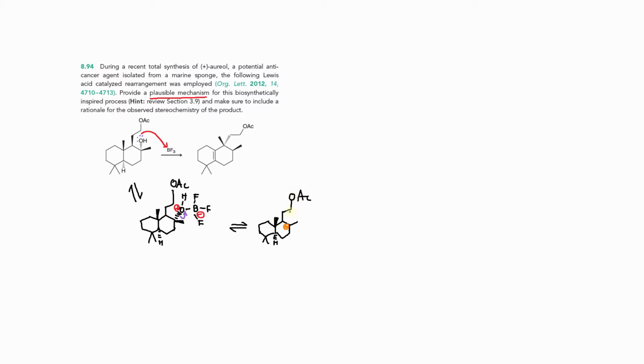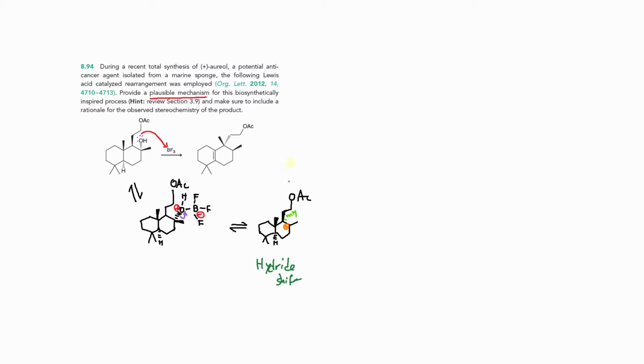But that OAc substituent actually has a stereochemistry as well, so we also need to make that a thick wedge. And there is an implied hydrogen that can come over to fill that hole, our carbocation, and this is one of the carbocation rearrangements that we call a hydride shift.